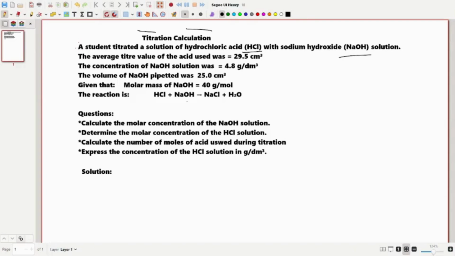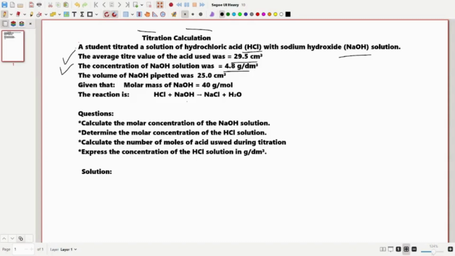with sodium hydroxide, and we're given some supporting information like the average volume of acid used was 29.5 cm³. The mass concentration of sodium hydroxide is 4.8 g/dm³.